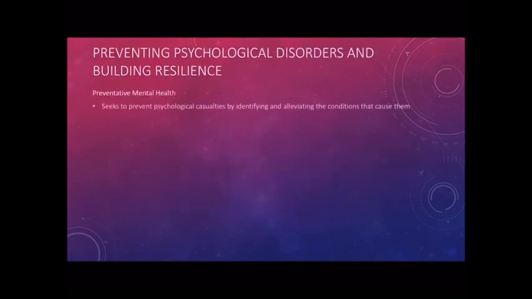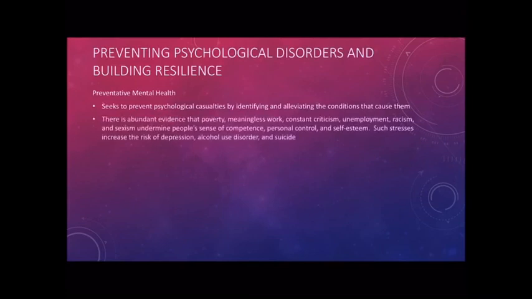Okay, last part. So preventative mental health, just like the word says, prevent. We're trying to prevent someone from falling into mental illness. And so it tries to prevent psychological disorders or casualties by identifying and alleviating the conditions that cause them and getting rid of those causes so that we don't see the effect of having a psychological disorder.